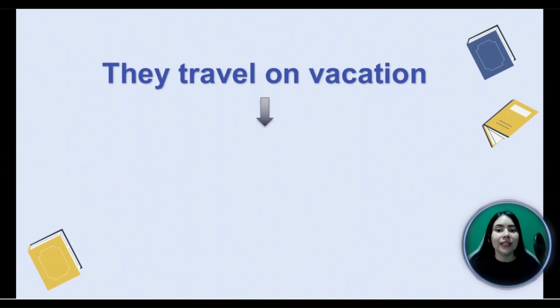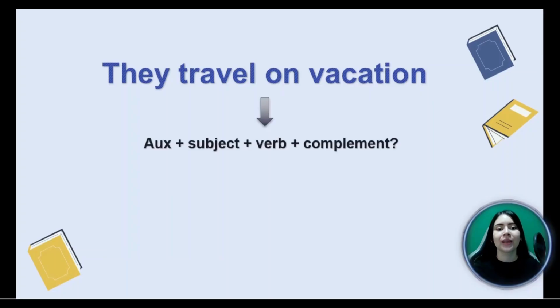Now let's continue with another example. They travel on vacation. This is our affirmative sentence. Let's transform this sentence into a question, a yes-no question. Auxiliary, subject, verb, and complement.